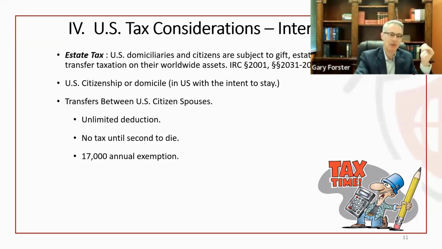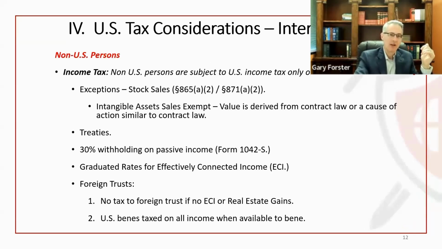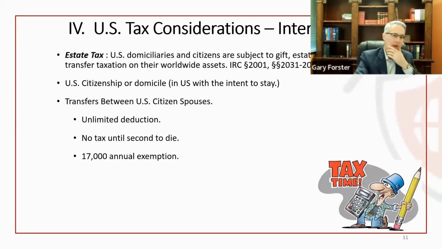You get the $13 million total each, husband and wife, but you get portability. You can give everything to your spouse and there's no tax. You don't get that if you're not a resident or a citizen.